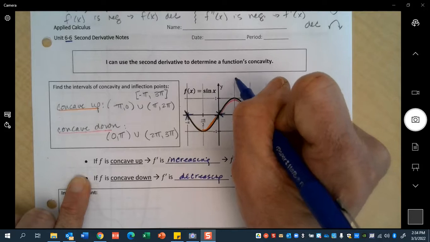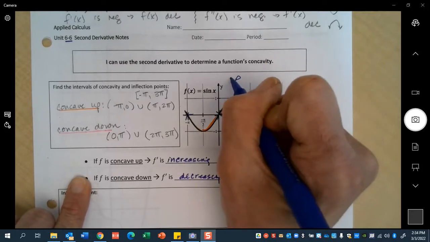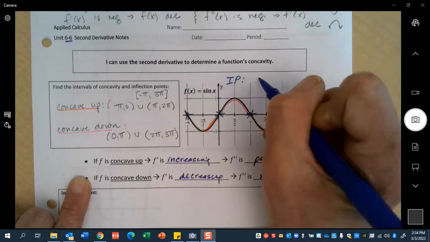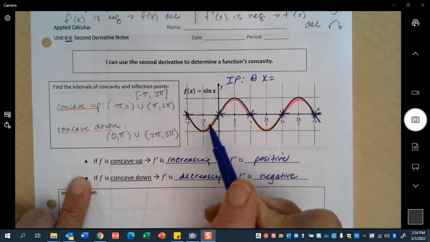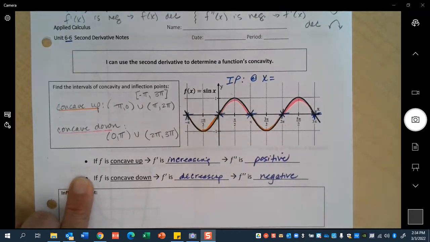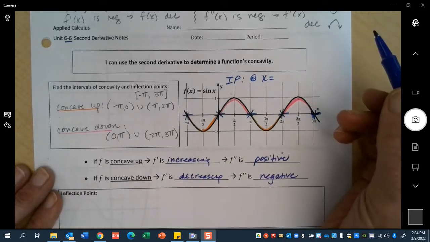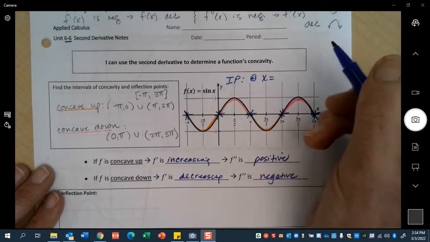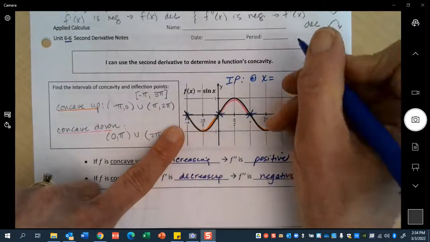When we talk about our points of inflection, we can call them inflection points, and we're going to talk about what x values they are equal to. So we're not confused about whether we're talking about derivative values, function values, or second derivative values, we'll just talk about where it happens on the x-axis.